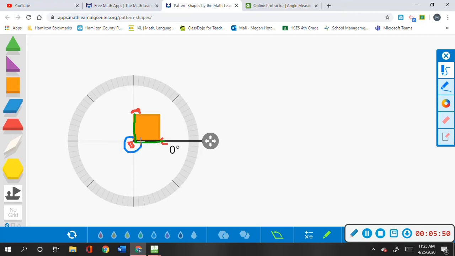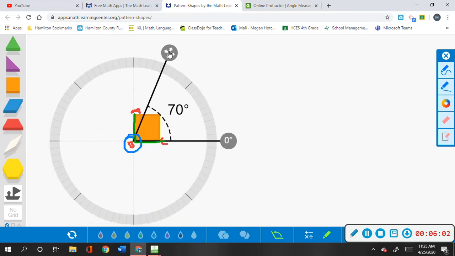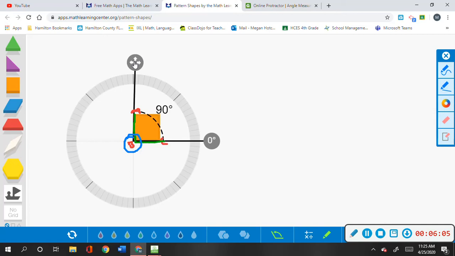The B. So we need to make sure that this angle is lined up exactly in the middle of our protractor. Then we move our protractor like so until it is perfectly aligned with my angle and my vertex B. This shows me that the angle ABC is 90 degrees.